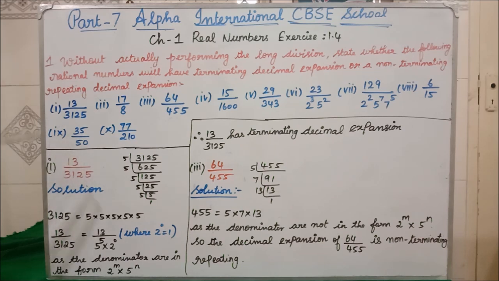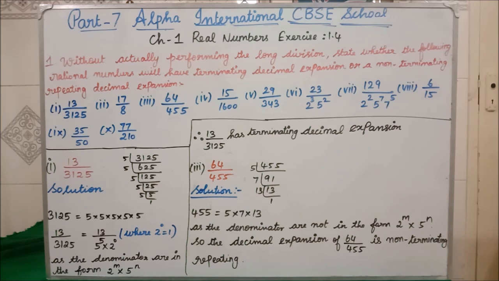If they are given like this, how will you do normally? We will divide 3125 by 30, isn't it? They are saying you need not divide. Normal division they are not asking. They are asking without dividing. We have to say whether it is a terminating decimal expansion or non-terminating decimal expansion.